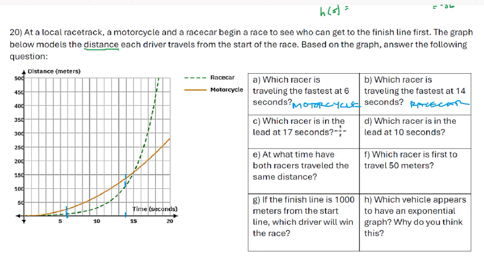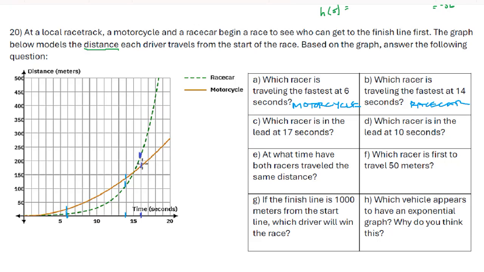Next question. Which racer is in the lead at 17 seconds? I'll change my colors now. How about in the lead at 17 seconds, which is right here? Let's take a look. There is the crossover from 17 seconds for the motorcycle. And here is the race car.